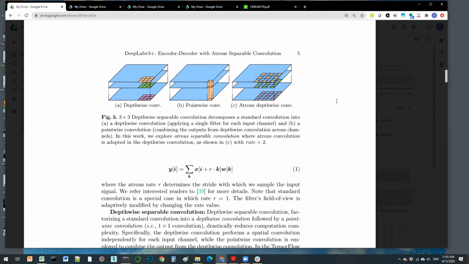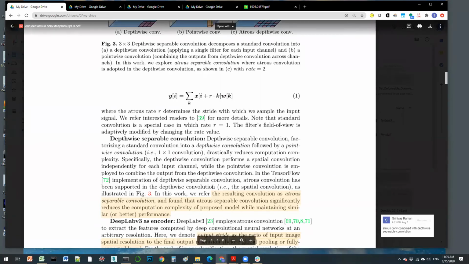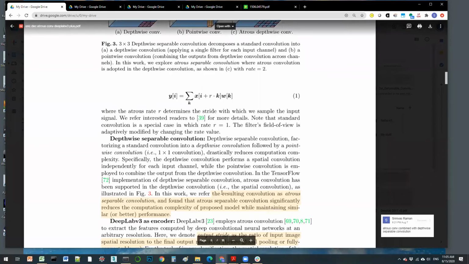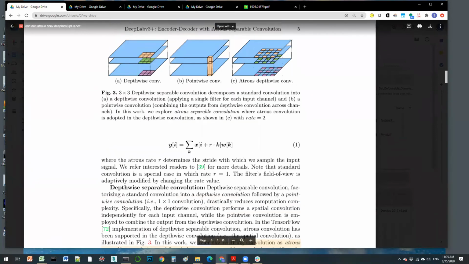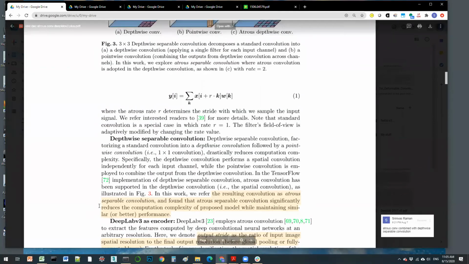I thought that somebody said that every reference to an atrous convolution is really referring to an atrous depth-wise separable convolution. So bottom line, they are calling what they are doing in C atrous separable convolution.